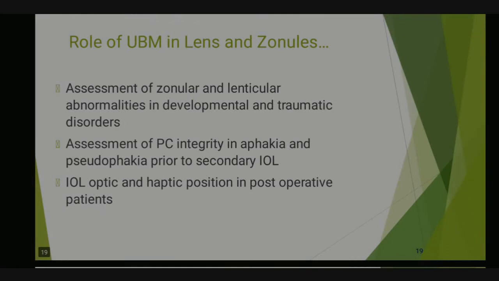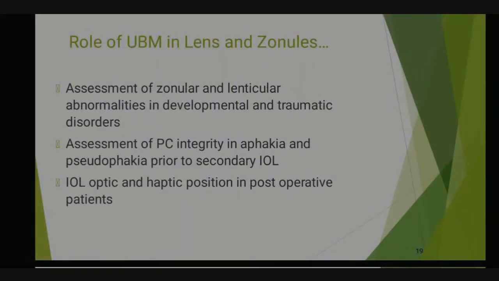Now we'll move to the lens and the role of UBM in lens and zonules. Here we'll see whether zonules are present, whether completely absent or sparse. In cases of posterior polar cataract, they will check for PC integrity.